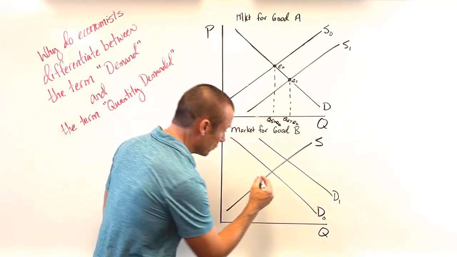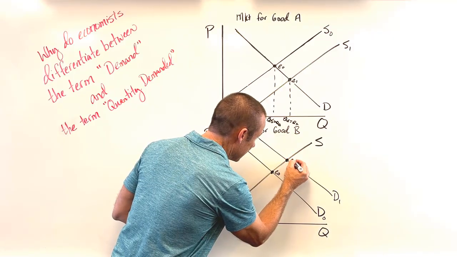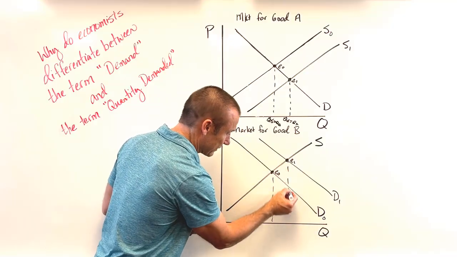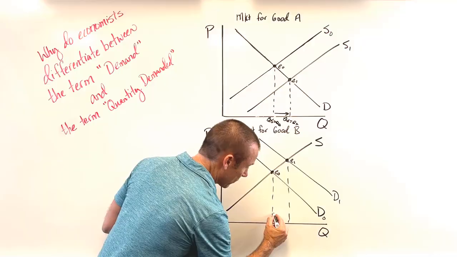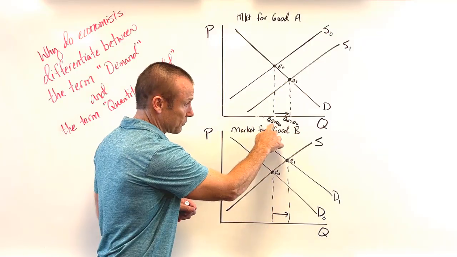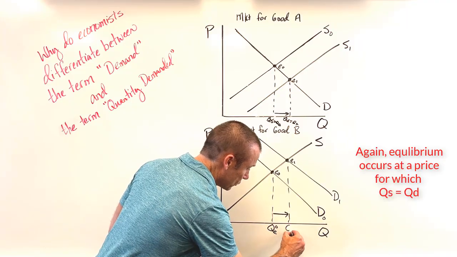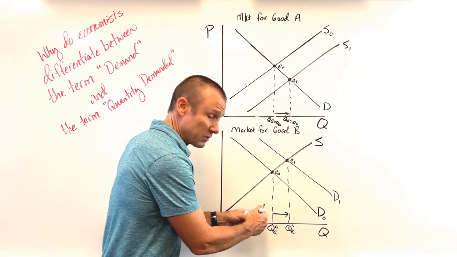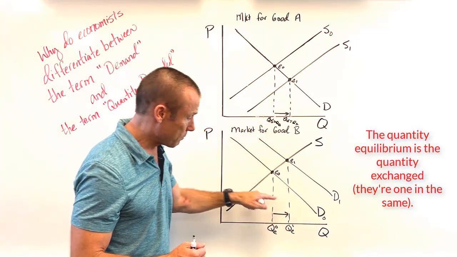In this one, we're going to move from this equilibrium point, E sub 0, to this equilibrium point, E sub 1, bring it down to my quantity axis right there. And again, just like in this top one, we're going to end up buying more. So I already went through that QS, QD. The easy way to do it is just say QE0, QE1. So the quantity exchanged or quantity equilibrium, you can say it either way, has increased. We're buying more, we're buying more.